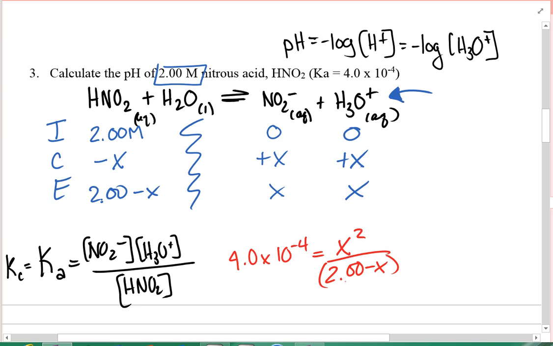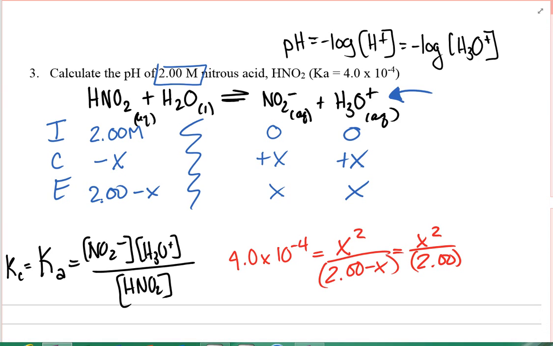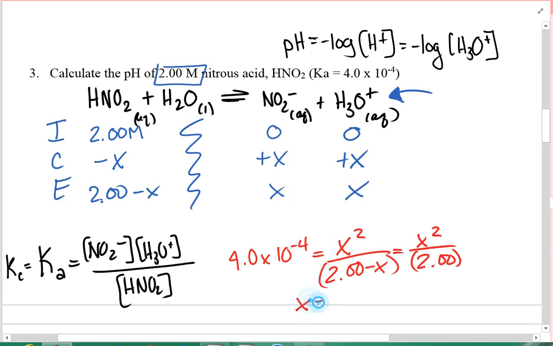To make this math easier, we have a trick: if K is 3 orders of magnitude smaller than our initial value, then we can assume that 2 minus x is just 2. So x is so much smaller than 2 that the difference is insignificant. Now we're going to plug things into our calculator. So x is going to equal the square root of 4 times 10 to the negative 4th times 2.